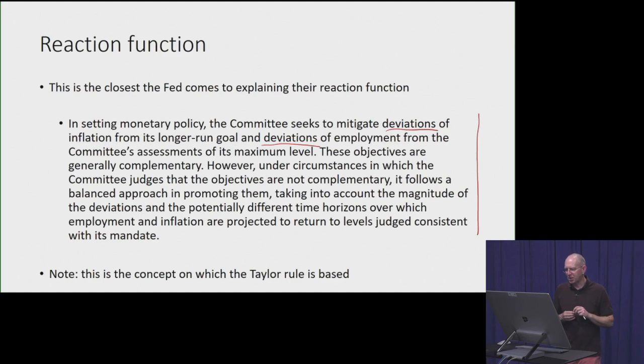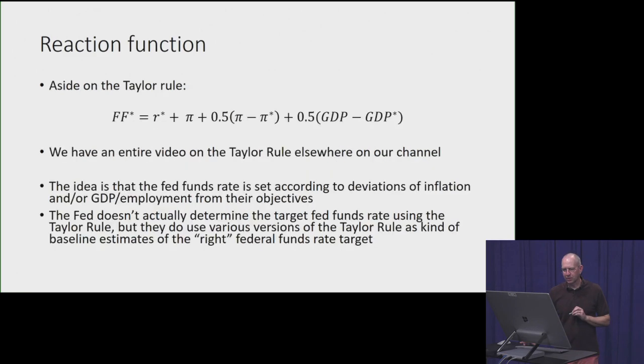However, under circumstances in which the committee judges that the objectives are not, it follows a balanced approach in promoting them, taking into account the magnitude of the deviations and the potentially different time horizons over which employment and inflation are projected to return to levels judged consistent with its mandate. It turns out this is a really helpful verbalization of the whole concept on which the Taylor rule is based.